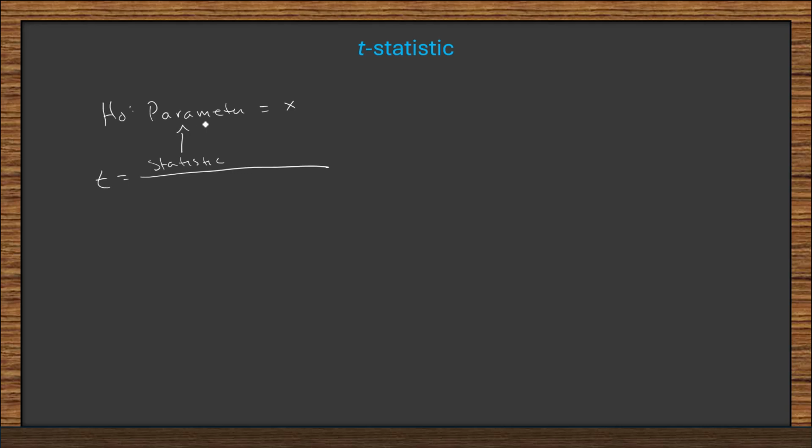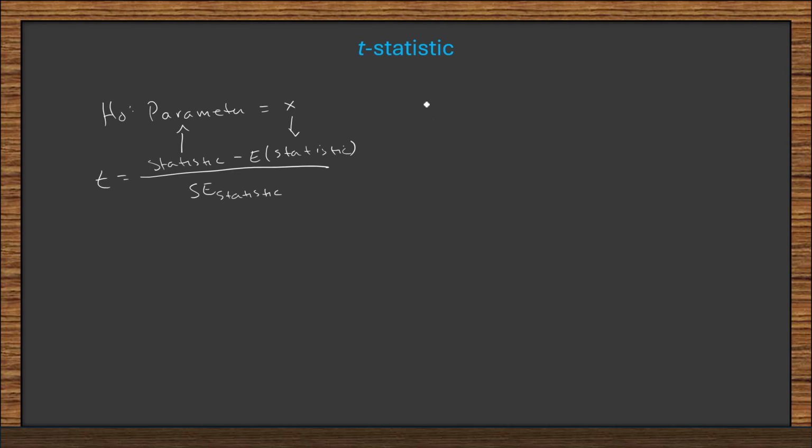We find out how far it is from what we expect if the null hypothesis is true, and that's where x comes in. That goes here. And then to take into account the amount of error in our statistic, we divide by the standard error of our statistic.